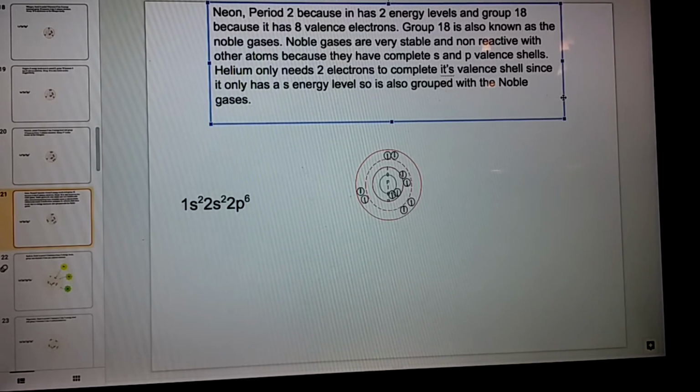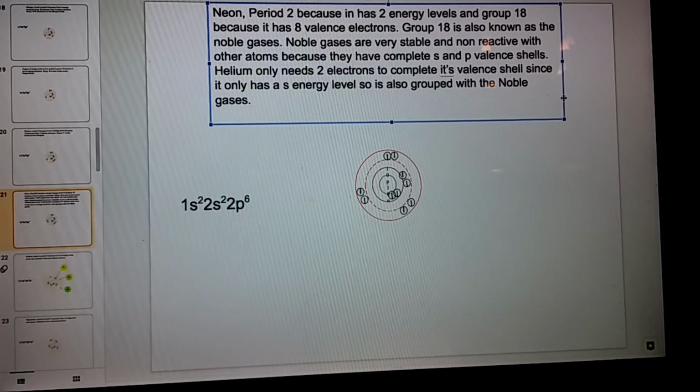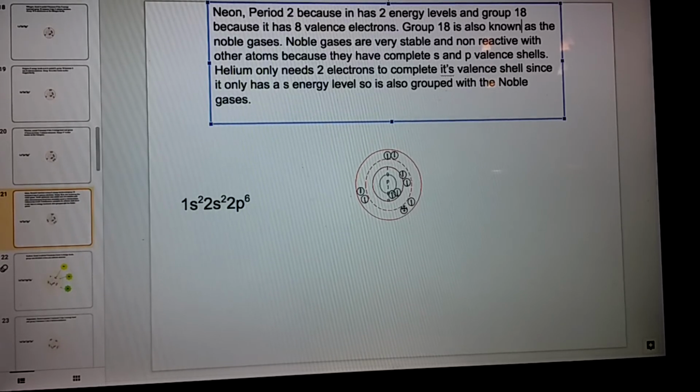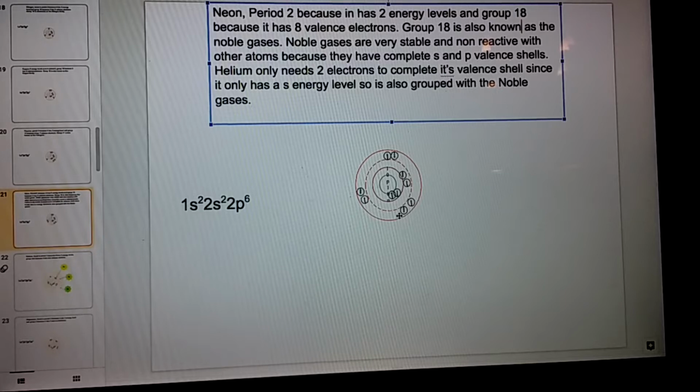Noble gases are very stable and non-reactive with other atoms because they have complete S and P valence shells. Helium only needs 2 electrons to complete its valence shell since it only has an S energy level, so it is also grouped with the noble gases. So now we have a complete 6 and 2, 8 electrons in this valence shell, which is the second energy level.